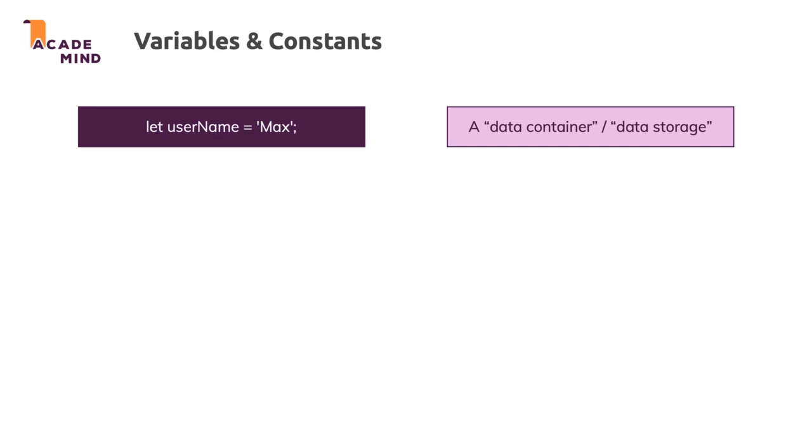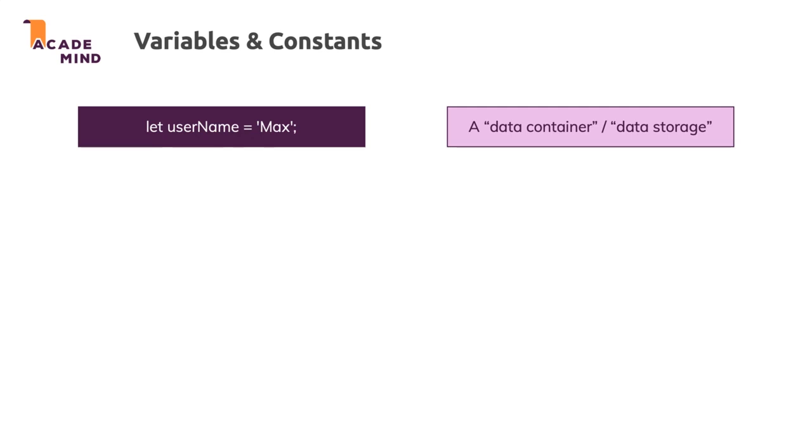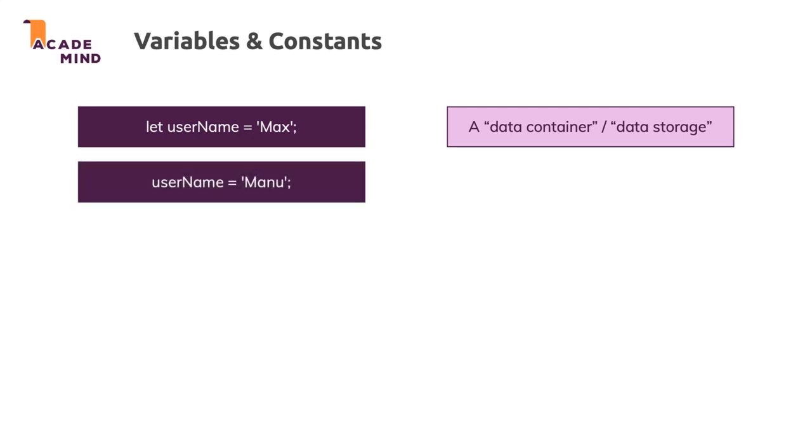So a variable is a data container which holds some data. And in JavaScript, we create a variable by using the let keyword, which you see here on the left, then a name of your choice with some naming rules in mind, which I'll dive into later, then an equal sign, and then the value you want to store in the variable. Now, with a variable created, you can also always reassign it and store a new value in there. So here I'm using the existing variable username, and I assign a new value to it.